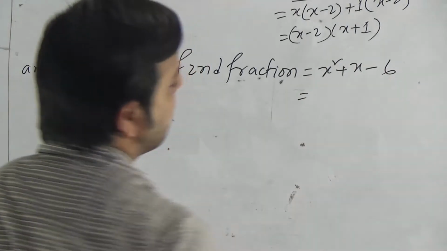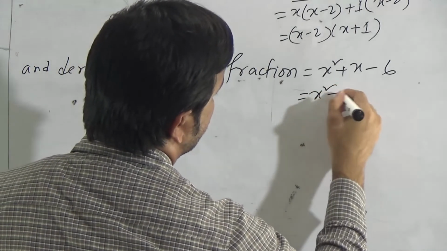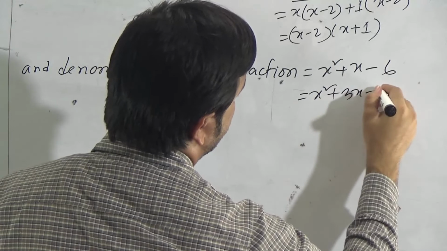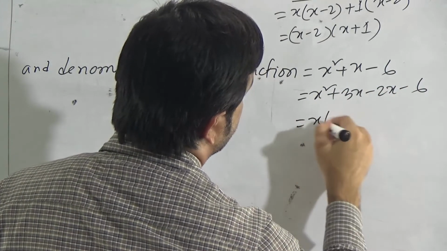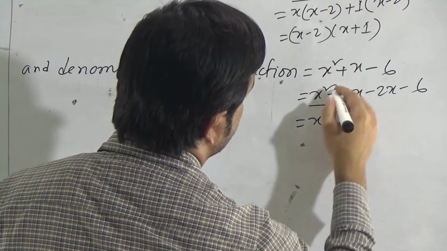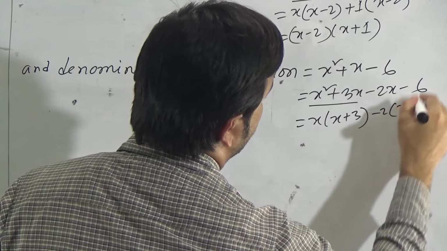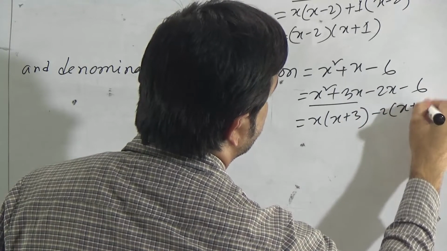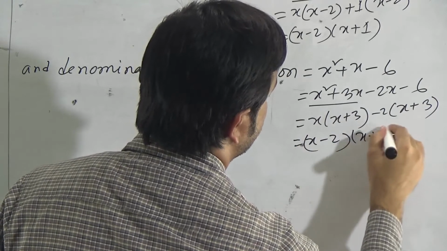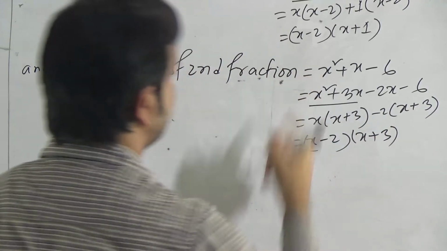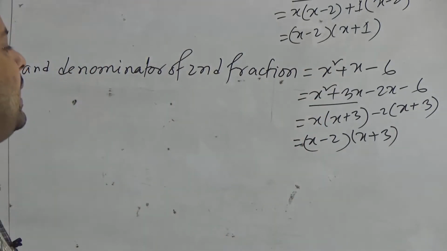Factors of 6 are 2 and 3. So we can write this as x square plus 3x minus 2x minus 6. Now take x as common from the first two terms, you will get x plus 3, and take minus 2 as common, you will get x plus 3. Now x minus 2 and x plus 3, these two are the factors of x square plus x minus 6.